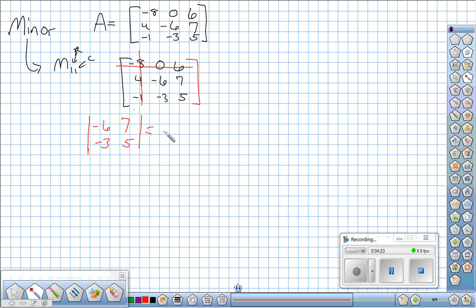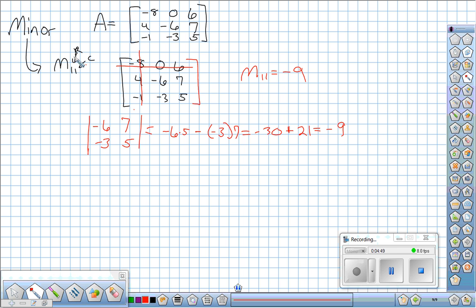So I have negative 6 times 5 minus negative 3 times 7. Negative 6 times 5 is negative 30, minus a negative is going to be plus 21, and that will be negative 9. So we would write M11 equals negative 9.